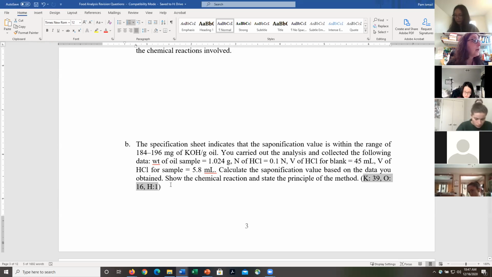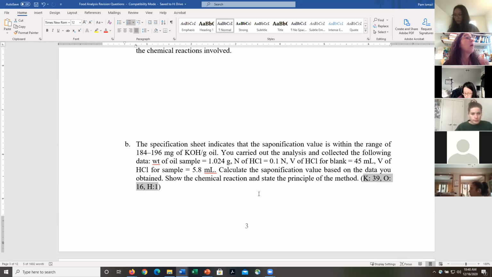And you divide by the sample weight, and you don't multiply by 100, and you do not divide by 1,000 because it's milligrams. So you do not correct milliliters to liters. There is no division by 1,000, and no multiplication by 100, because it's only per 1 gram of sample. And then you get your value. Any questions there?